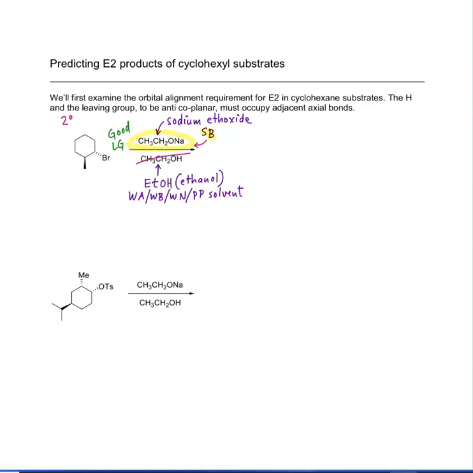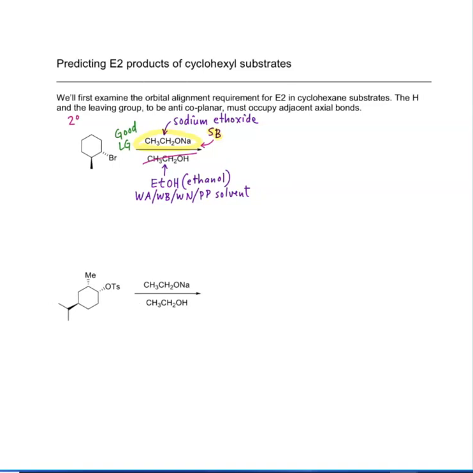Okay, so what can we rule out here? Let's see if we can make a list of things to rule out. Which pathways? We can rule out SN1 and E1 automatically, because there's a strong base present. Now what about SN2?